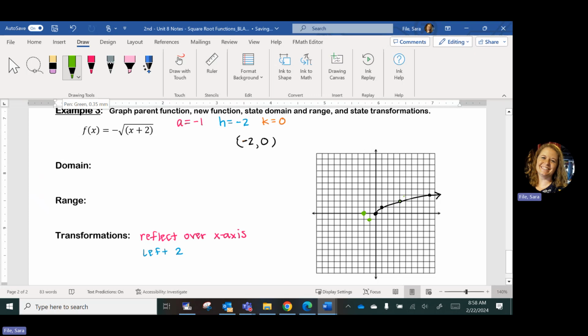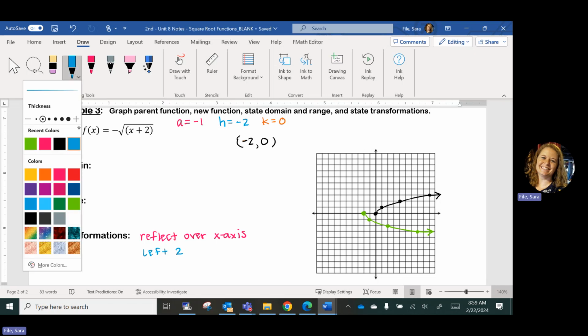Same thing with this next point, and this point: I go left 2, but then I'm reflected across the x-axis. Then I can sketch that curve. So you can see it's been flipped upside down, shifted left, and reflected over the x-axis.